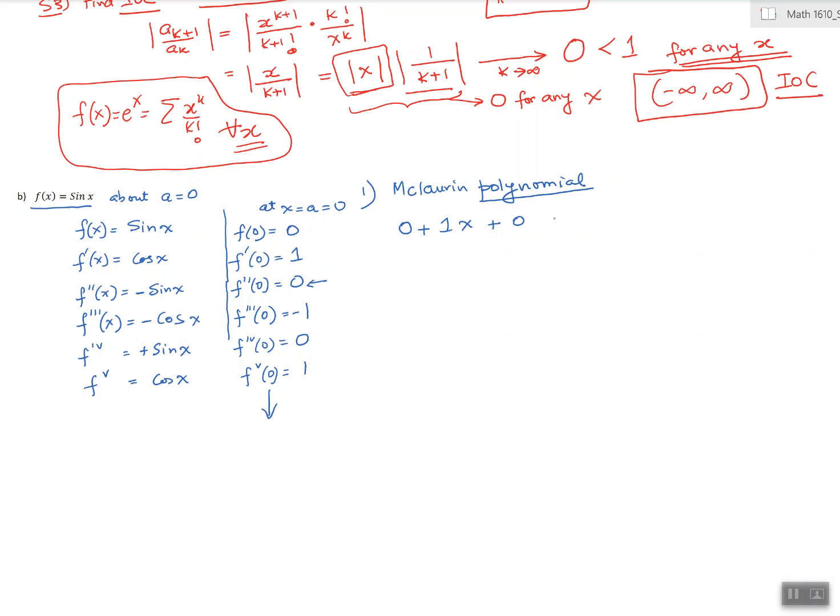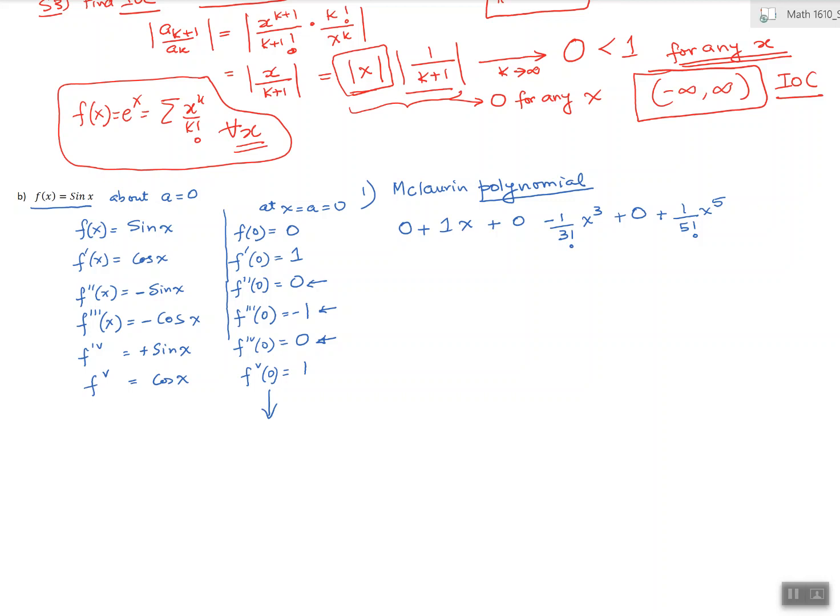Then f triple prime, and that is negative 1, so negative 1 over 3 factorial times x cube, plus the fourth one, which is 0. Then the fifth one, which is 1 over 5 factorial x to the power 5, and so on.